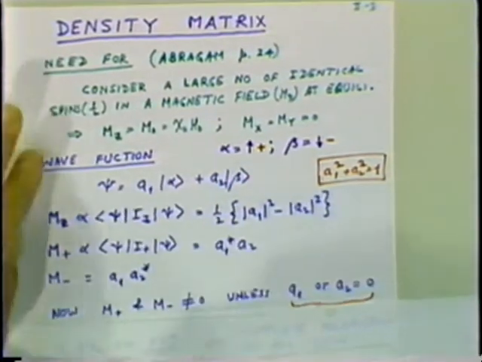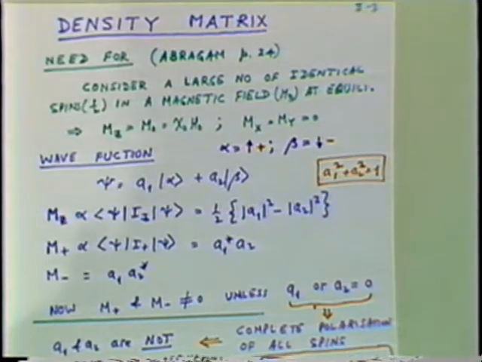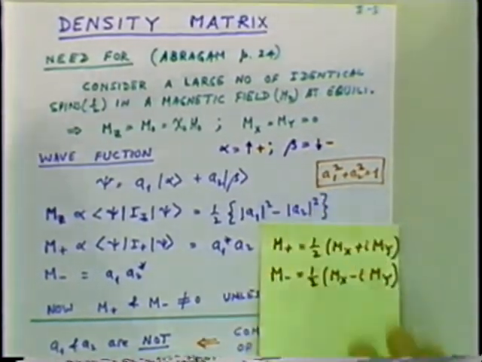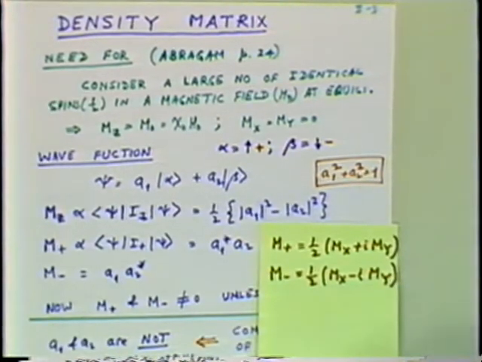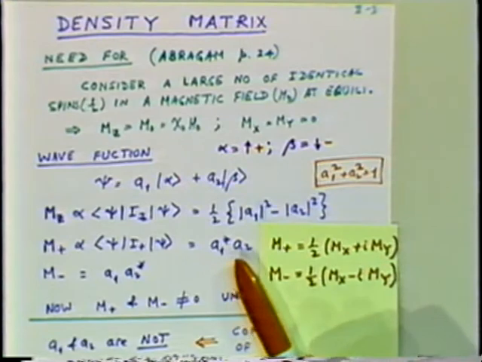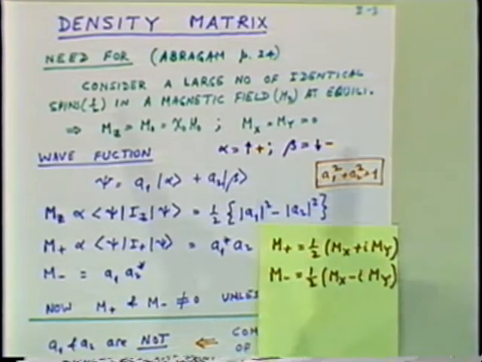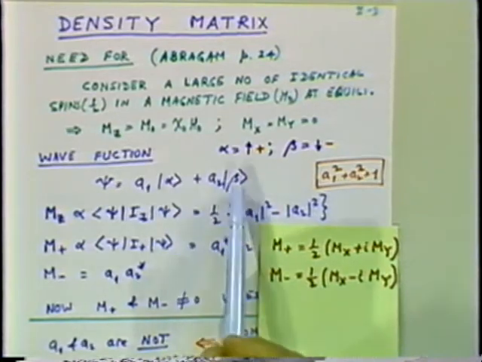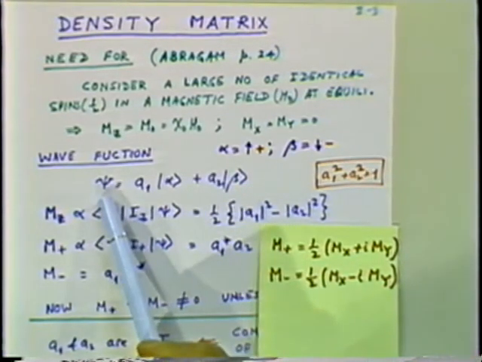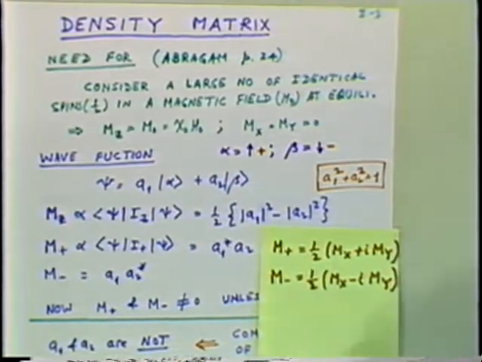And if you calculate the expectation value of M plus or M minus, or Mx or My, they are the same thing, it turns out that M plus is proportional to a1 star a2, and M minus is a1 a2 star, where alpha and beta are the eigenstates of the system and psi is the wave function, where alpha refers to the plus half state and beta refers to the minus half state.